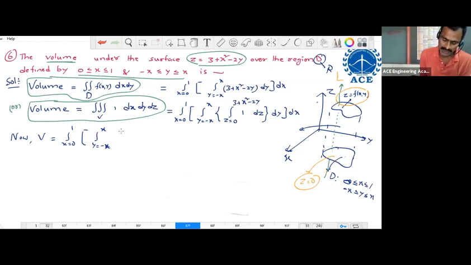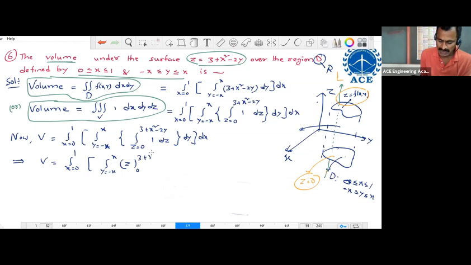Or we write once again, V equal to integral x equal to 0 to 1, integral y equal to minus x square plus x, z from 0 to 3 plus x square minus 2y, dy, and then dx, which implies V equal to integral x equal to 0 to 1, integral y equal to minus x square plus x, of upper limit 3 plus x square minus 2y minus lower limit 0.